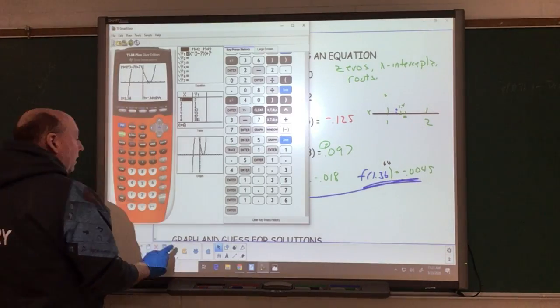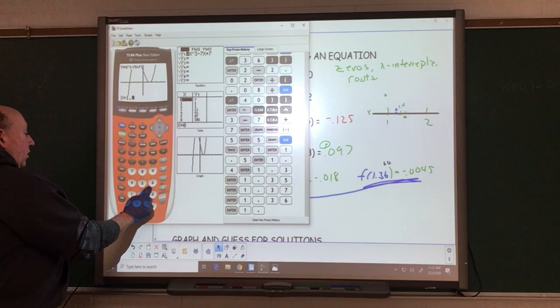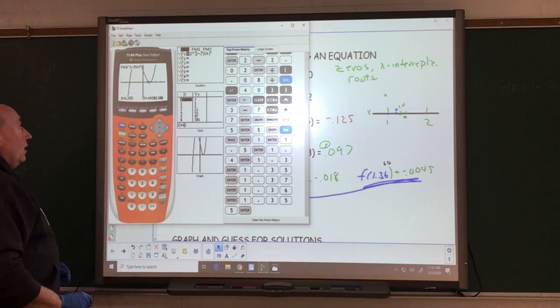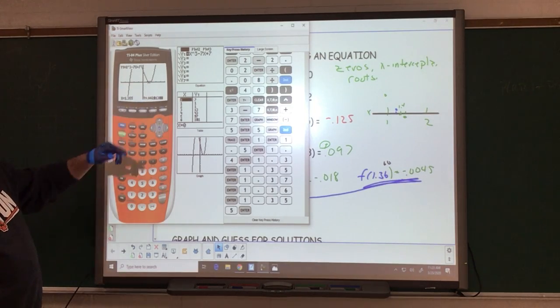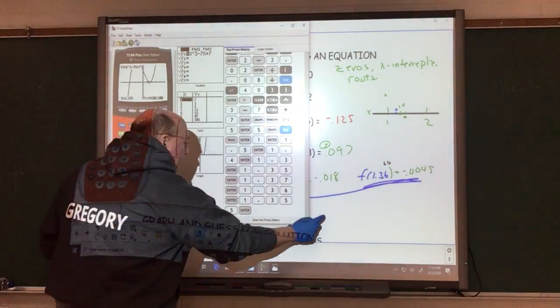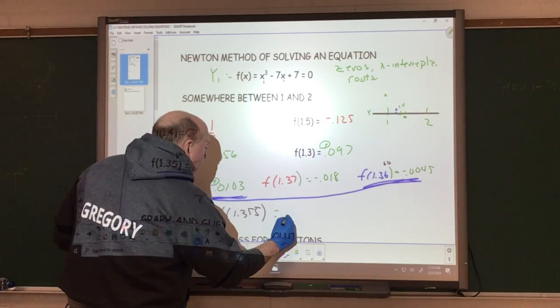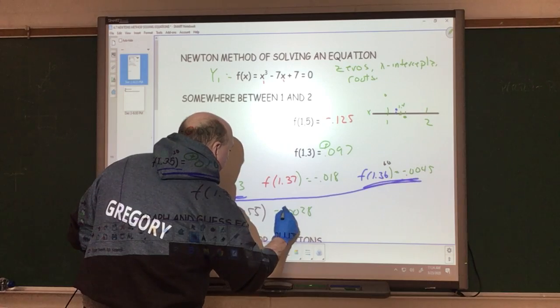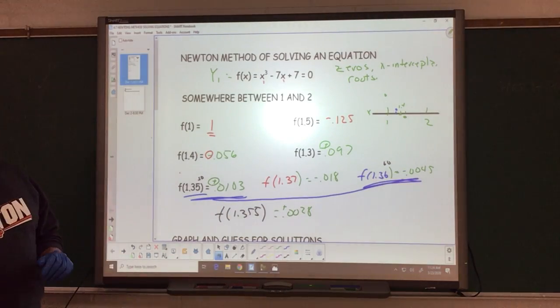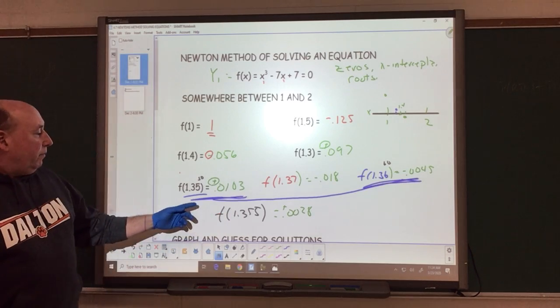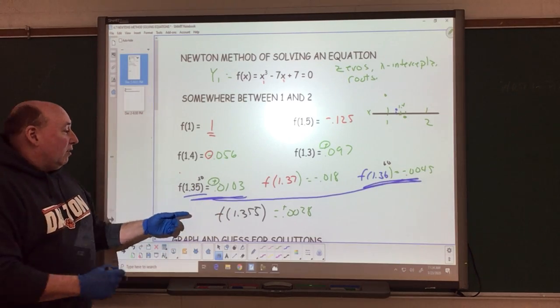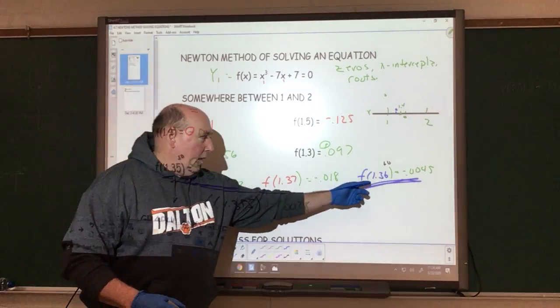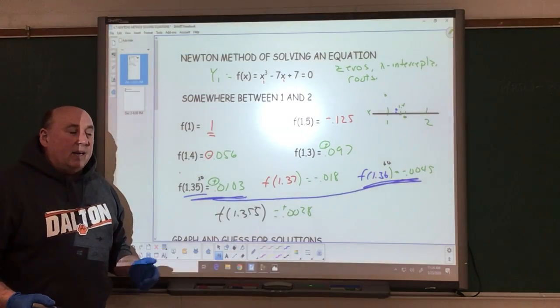At 1.355, we see we get 0.0028. The key is that this is a positive value. So this one's positive, 1.350 is positive, and 1.360 is negative.